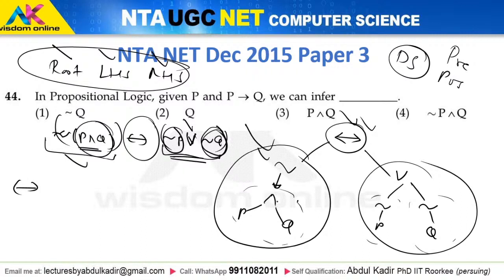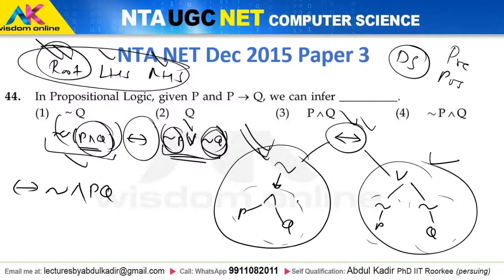In the LHS, again the same thing: first we write the root, which is the negation. Then the LHS and RHS, but of course there is only this one thing. So we write the negation, then P Q. So this left hand side tree is over. Now let's see the right hand side tree. Here again you do the same thing.